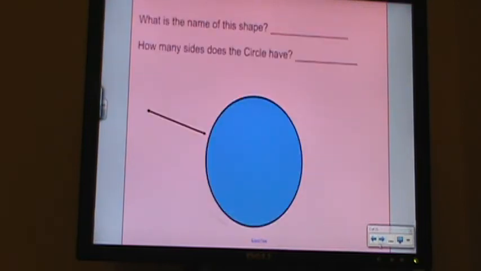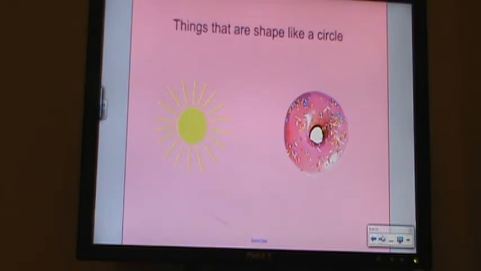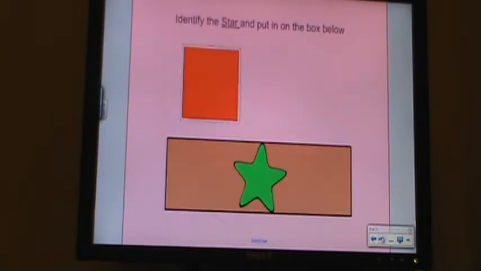Then I will ask the student to write the name of the shape and to tell me how many sides the circle has. Once the student completes this part of the activity, we are going to be looking at things that are shaped like a circle. I'm going to give them examples of a sun and a donut. We will be moving on to the next shape.